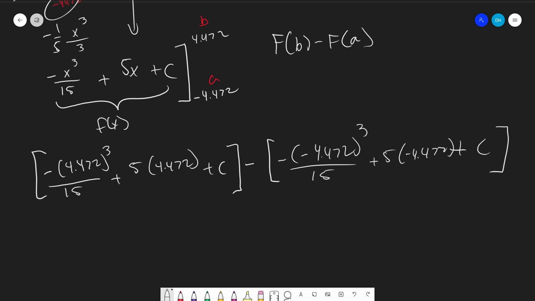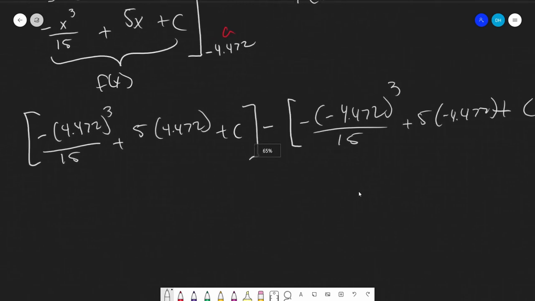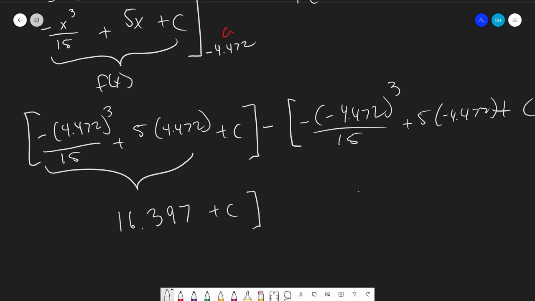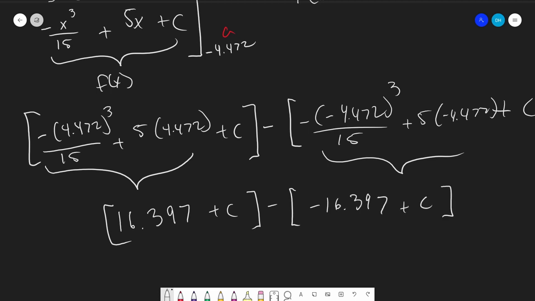Now putting all this in the calculator, you'll see that this comes out to be about 16.397, plus c, and then your brackets, and minus, this will turn out to be negative 16.397 plus c.